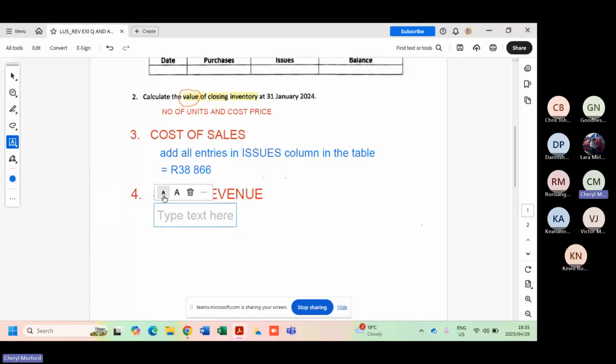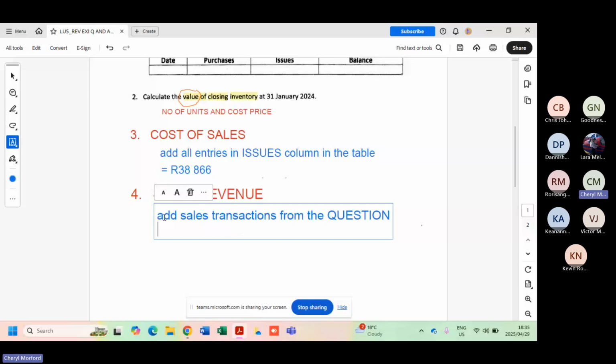So what we're going to do here is we are going to add the sales transactions from the question. That's the most important thing, from the question.